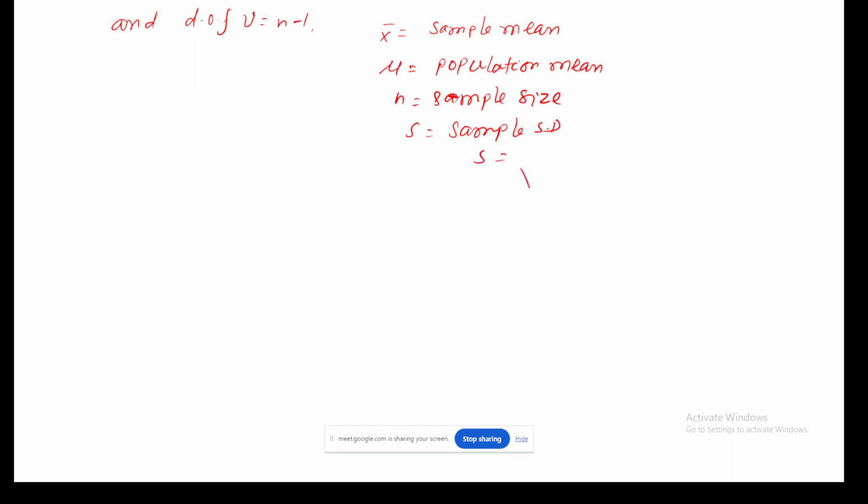The formula is root under summation of x minus x bar whole square upon n minus 1. Okay, so this is the second step.